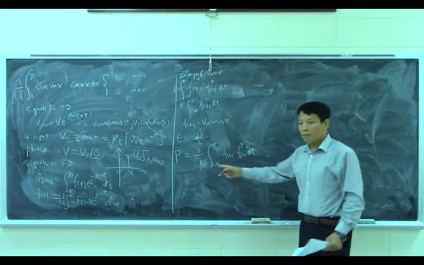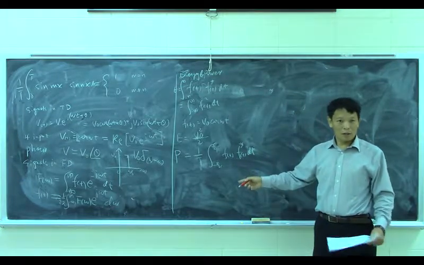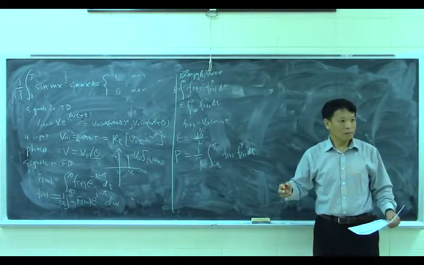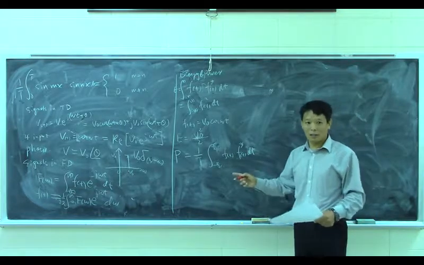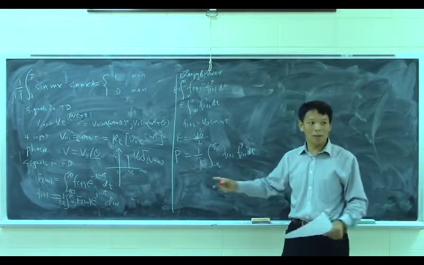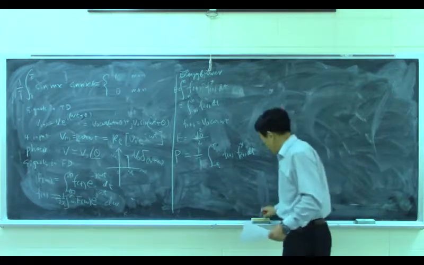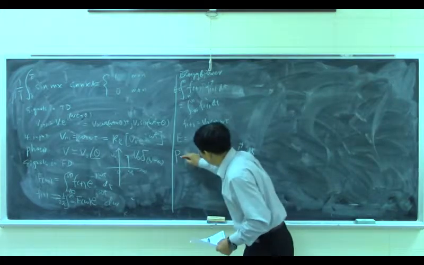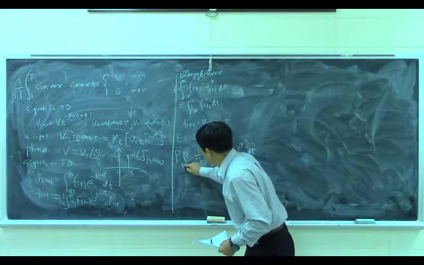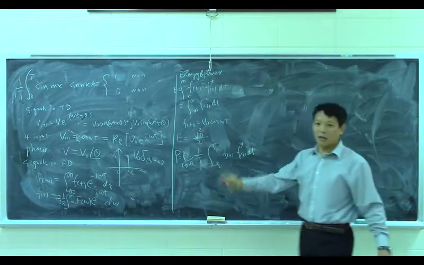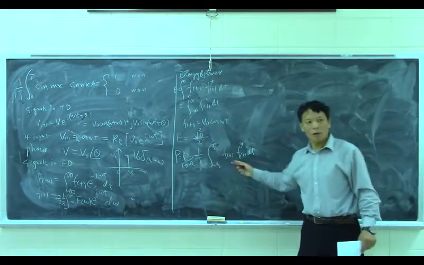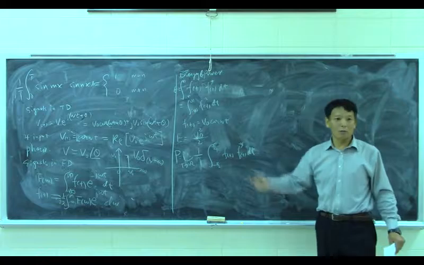This is for a periodic signal. If the signal is not periodic, we can still consider it a periodic signal, but the period equals infinity. So in that case, we take the limit as T approaches infinity. That works for both periodic and non-periodic signals.